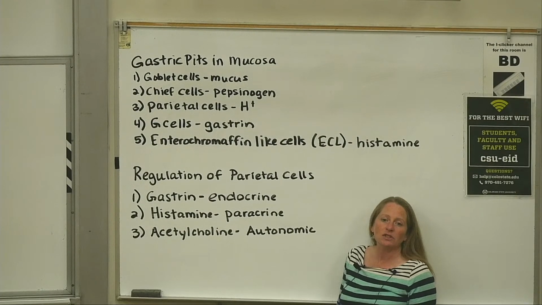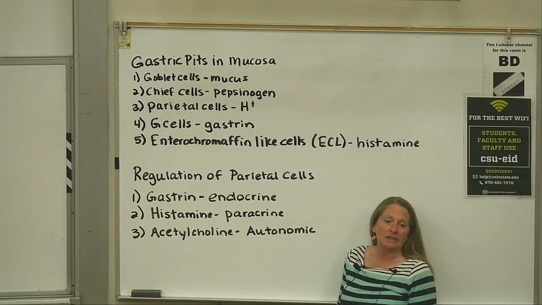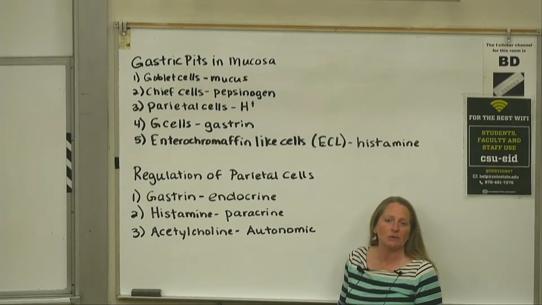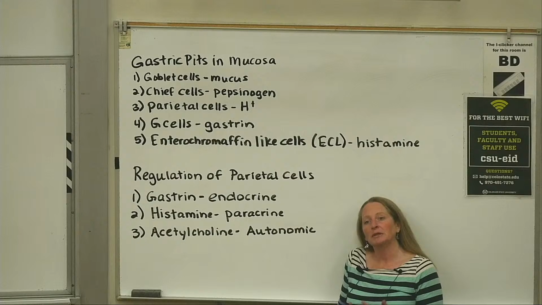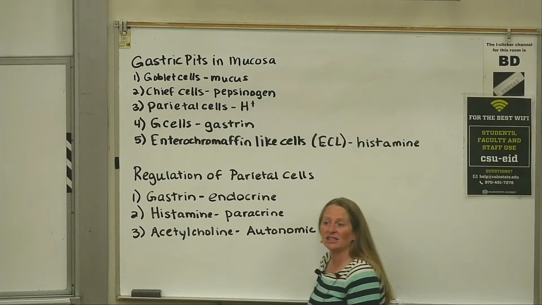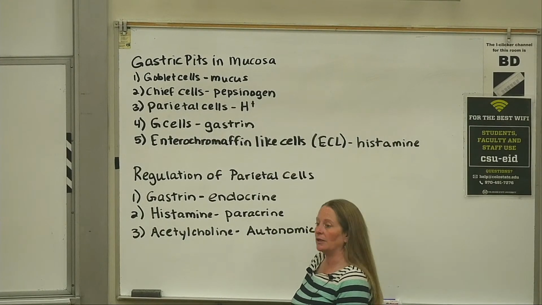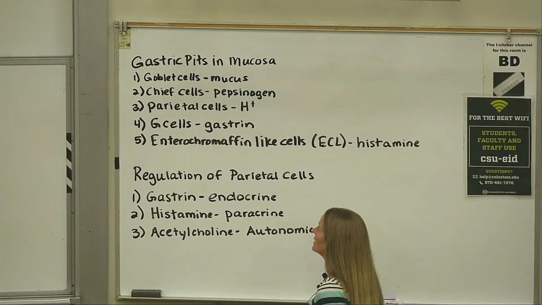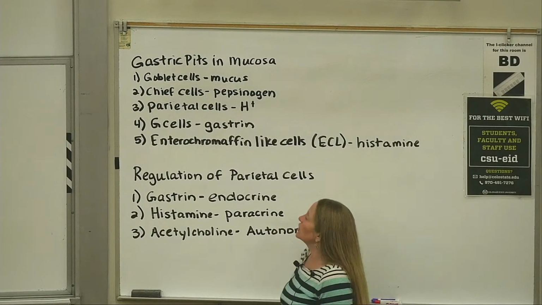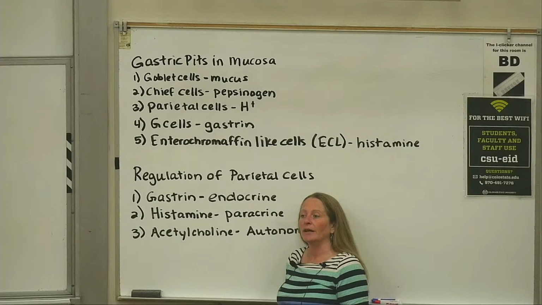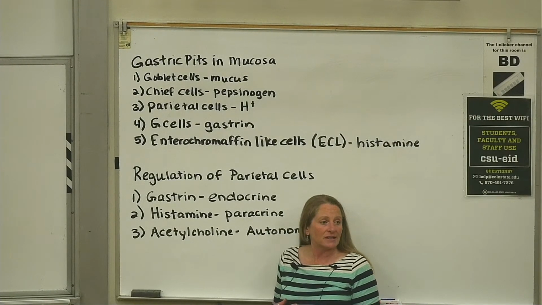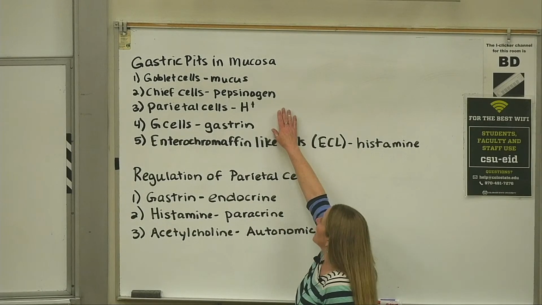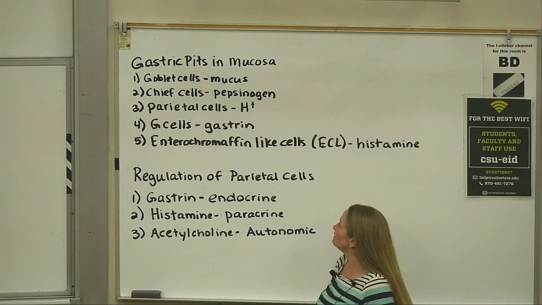That's because most of our digestive enzymes are very dangerous. They're meant to digest proteins, amino acids, lipids, the things our body is made of. So we release them in inactive forms and then activate them when they're at the proper place so they don't just start digesting us. Parietal cells create the hydrogen ion that creates that low pH, that acidity in the stomach. We use that acidity to activate pepsinogen into pepsin.